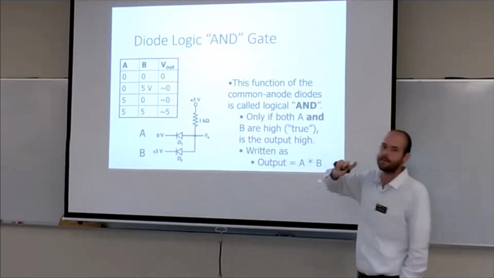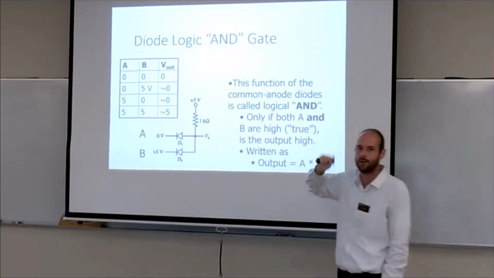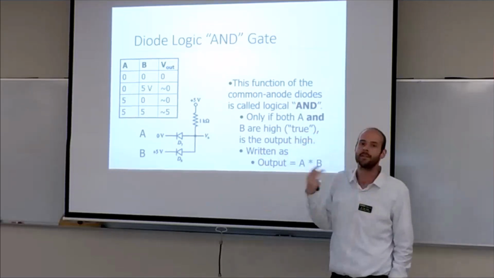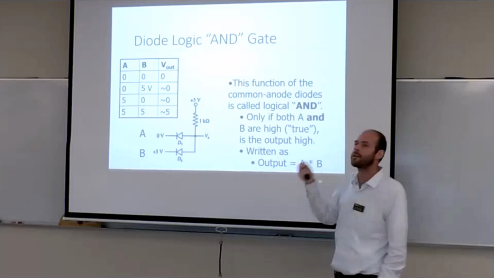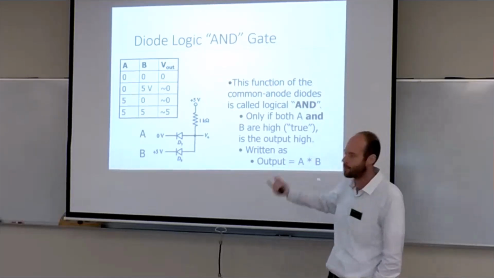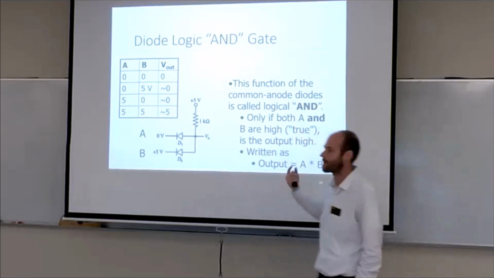So with a slight flip of those diodes and change of the voltage source, we can now make an AND operation. For the purposes of this course, and you're going to hear this many times, the multiplication is our AND symbol. So plus is our OR, multiplication is our AND.